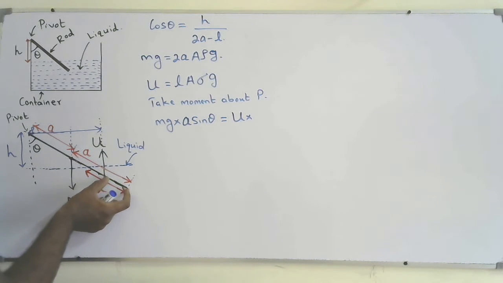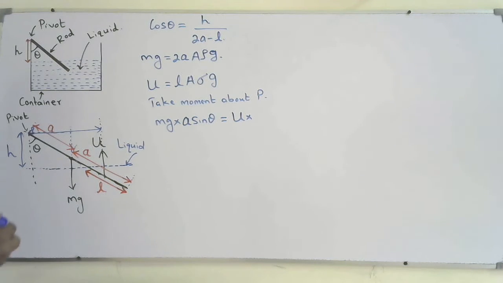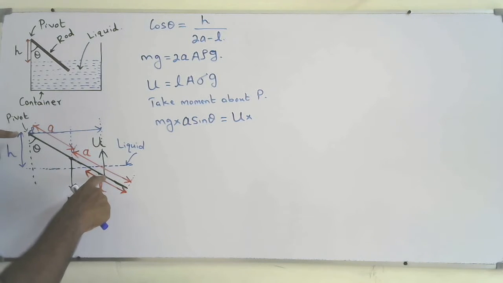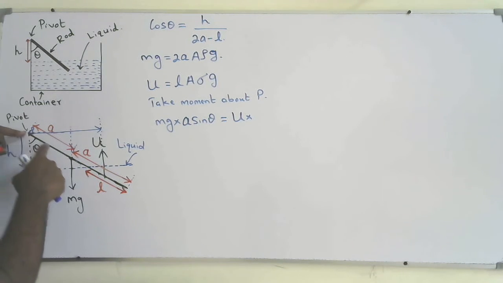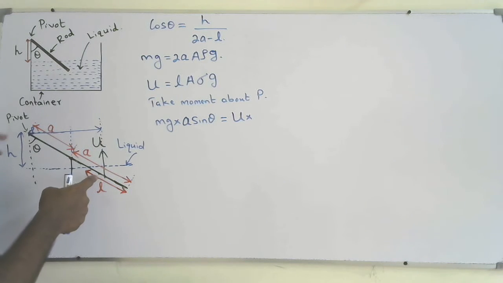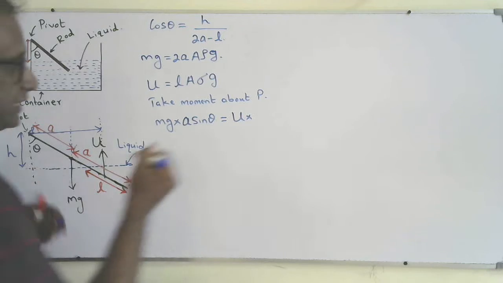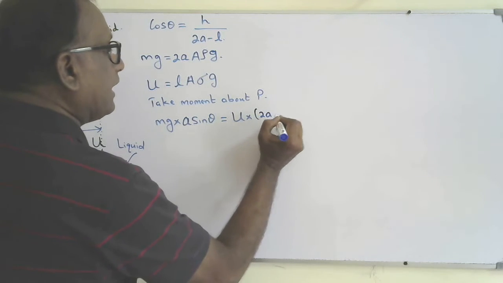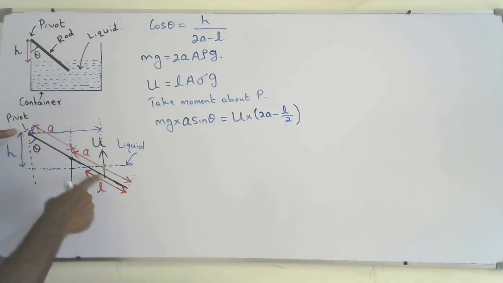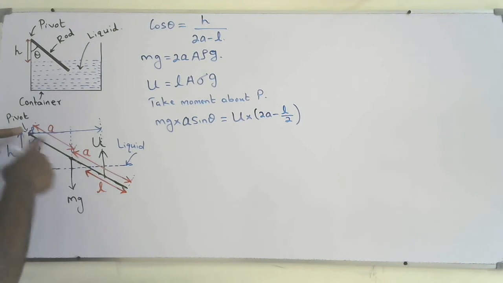So I need to find the distance of the point where the upthrust is acting from the pivot, which is 2a minus L by 2, this length from the pivot. So that length into sine theta is the distance I need.